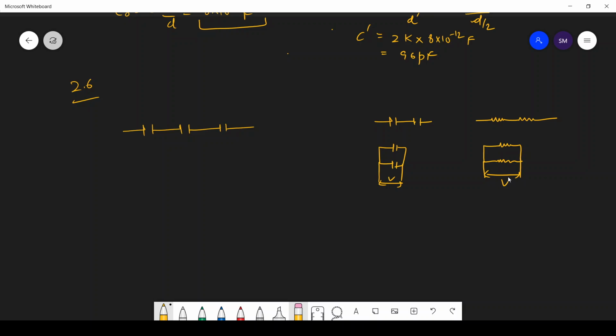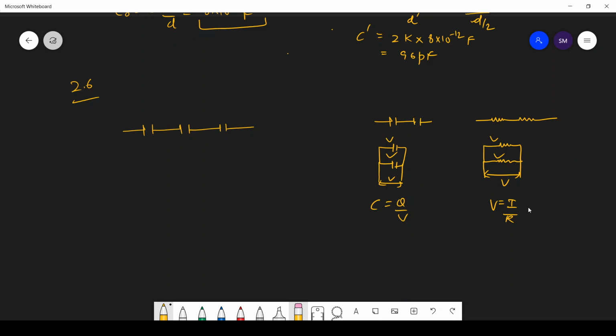So one thing is sure, that in parallel voltage is same in both the cases. Okay, so we have the formula that C is equal to Q by V, and here we have the formula V is equal to IR.